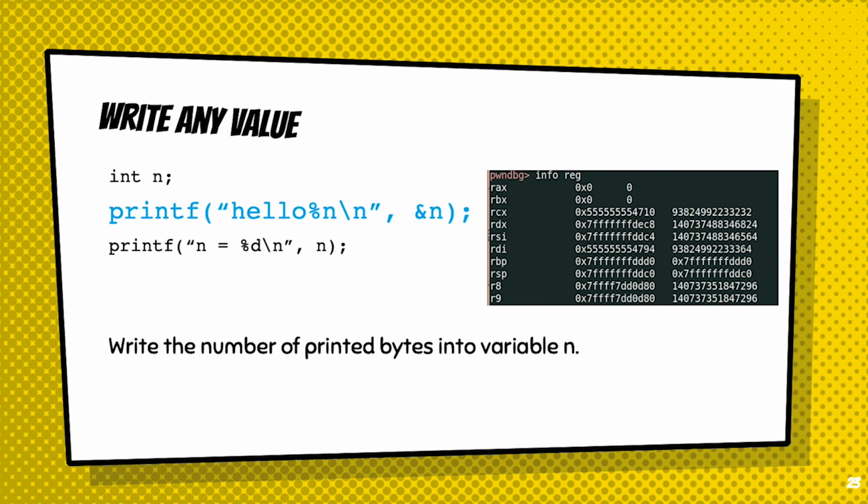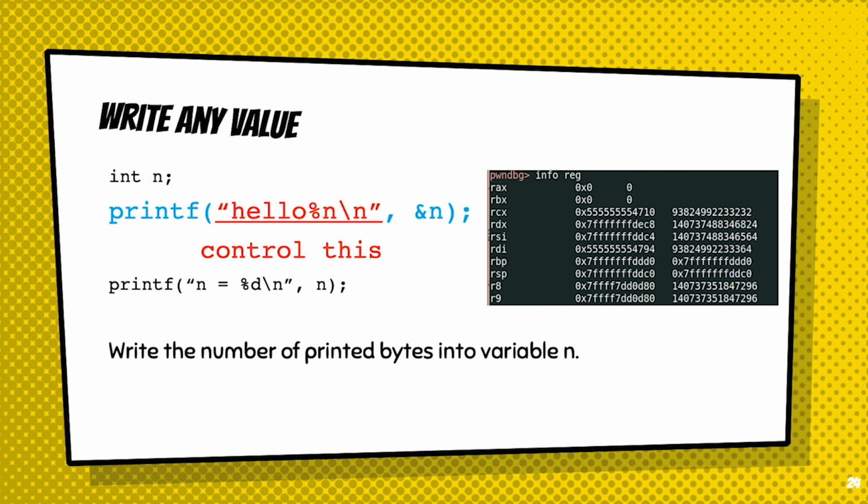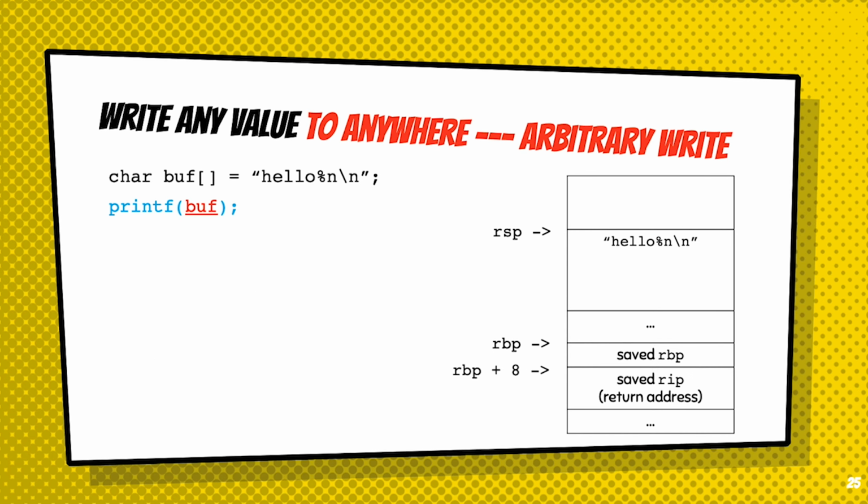So we show here that the second argument will be the address of a specific place. Similarly here, although the second argument is not specified, it will still look at register RSI and consider that as an address, as a reference. That's why in this case, we're going to write value 5 to where RSI points to.